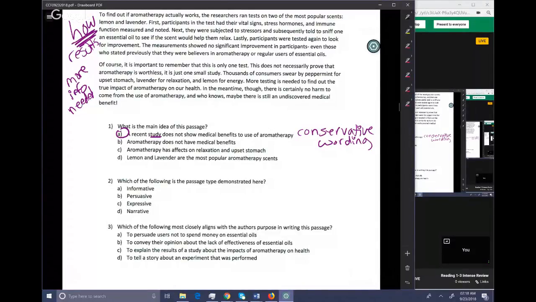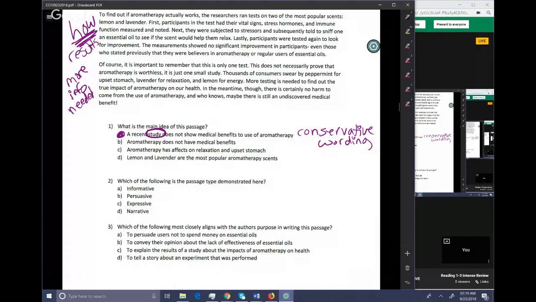B is obviously too extreme on this one. Aromatherapy does not have medical benefits. And, you know, that could have been kind of easy to pick, because ultimately that is the bigger overarching direction that would head. But remember, first of all, that this is about the study. So the study is in the main idea.